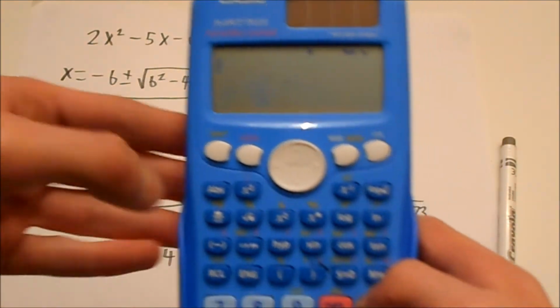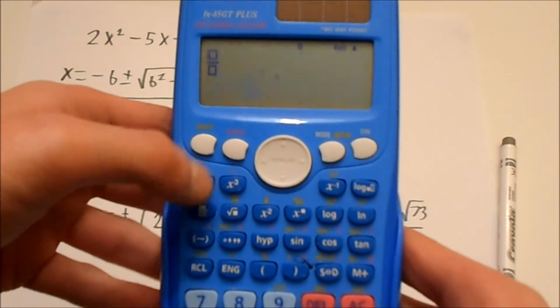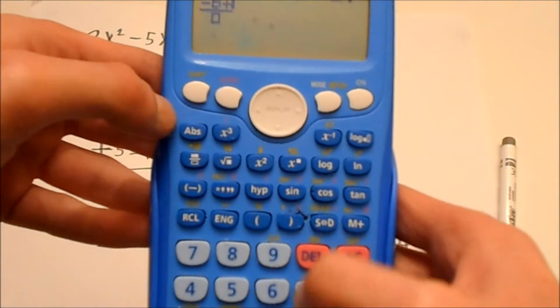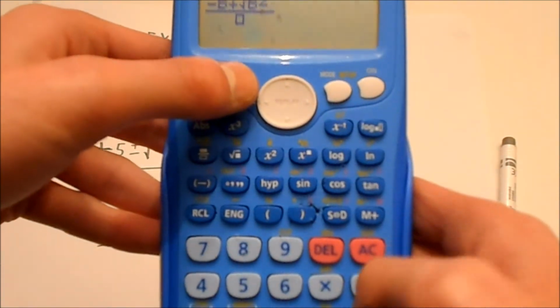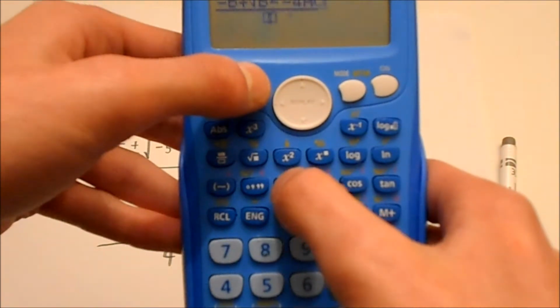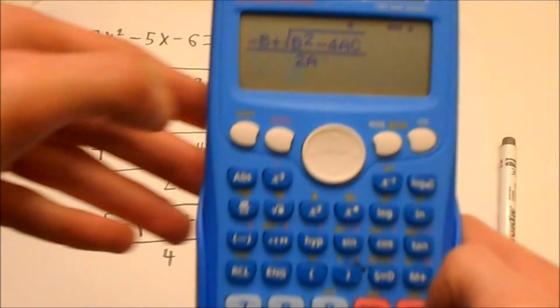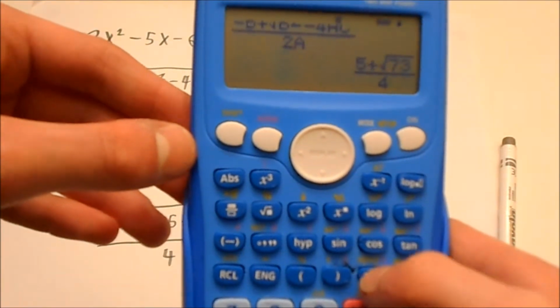So we can just put this straight into the quadratic formula. So we can literally just type minus B, we'll start with plus the square root of B squared minus 4AC over 2A. And when we press equals, that'll just do the entire equation.